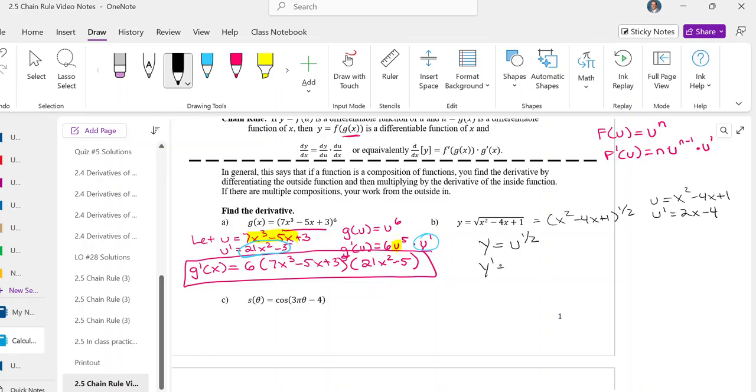Y prime is 1/2 u to the negative 1/2 times the derivative of u. So if we substitute in what u is, we get 1/2 (x^2 - 4x + 1) to the negative 1/2 times (2x - 4).